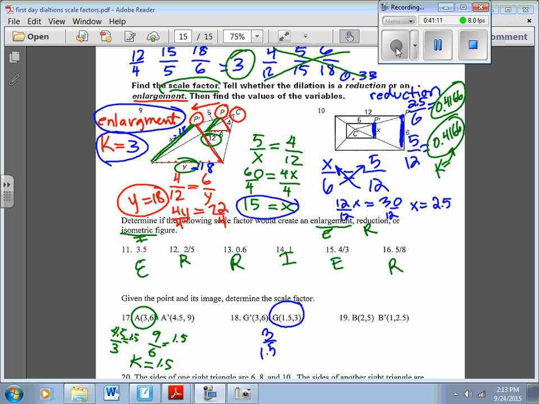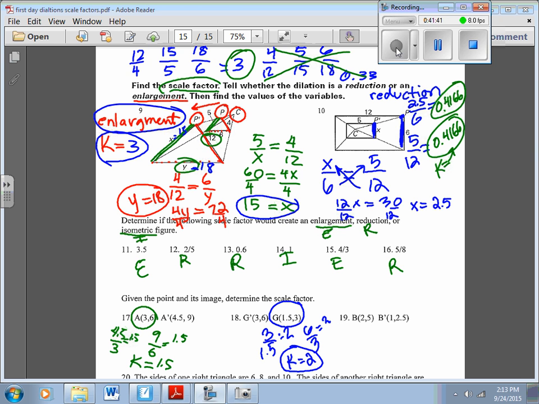That's the smaller number because it's an enlargement. So those two should both give you the same scale factor. What is it? What do you think, Corey? 2? 3 divided by 1.5 is 2, and 6 divided by 3 is also 2. So the scale factor then is k is equal to 2.